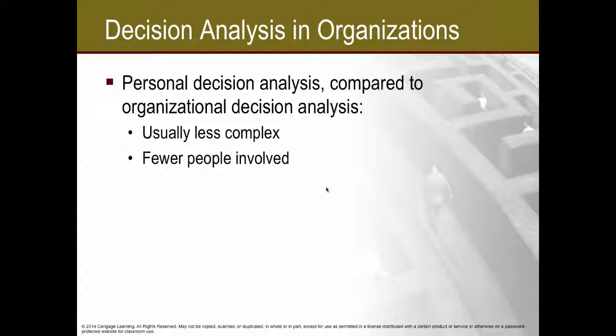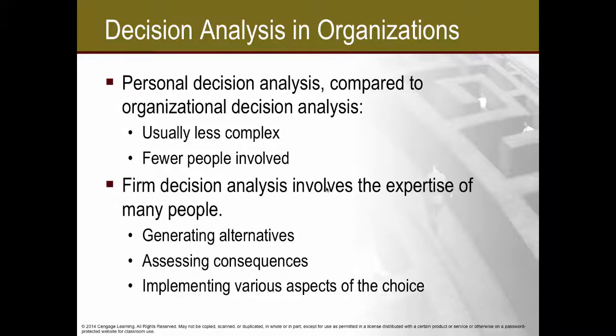Whereas in organizations, the problems are really complex. What kind of product to launch, or exactly how many? They are more complex problems, and there are more people involved. We are dealing with our family and friends, but in organizations, firm decisions involve the expertise of many people.